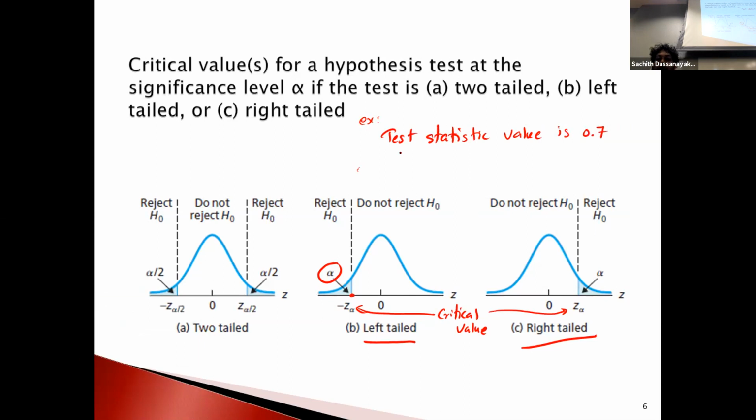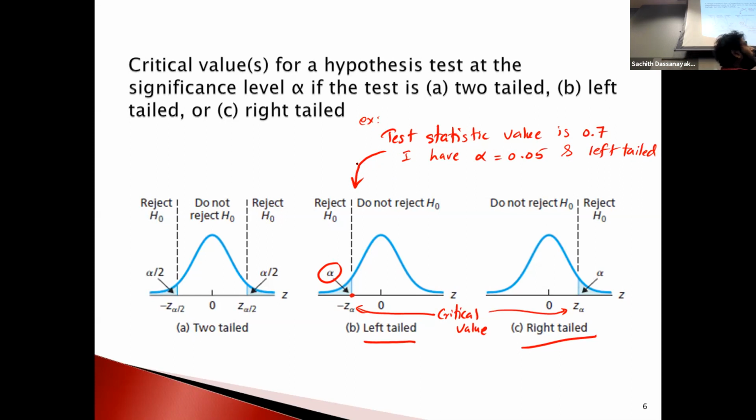I have alpha 0.05 and it is a left tail test, which means simply the second one. I'm talking about the second one. My test statistic value is 0.7. So tell me whether you are going to reject H0 or not, based on the second picture.